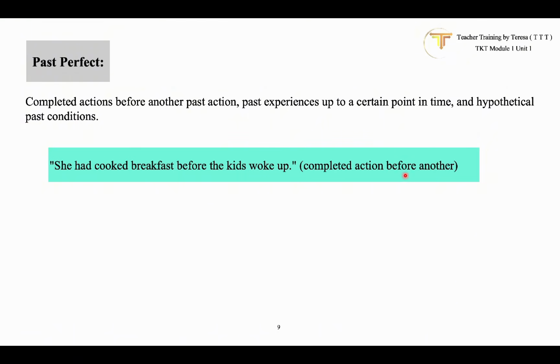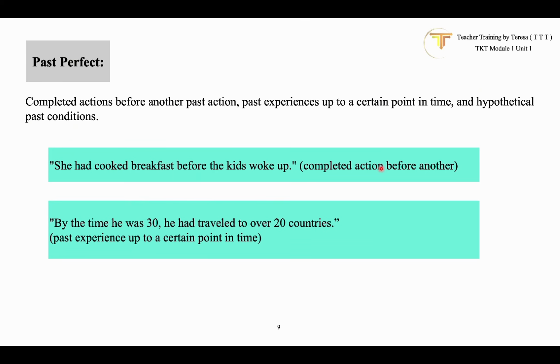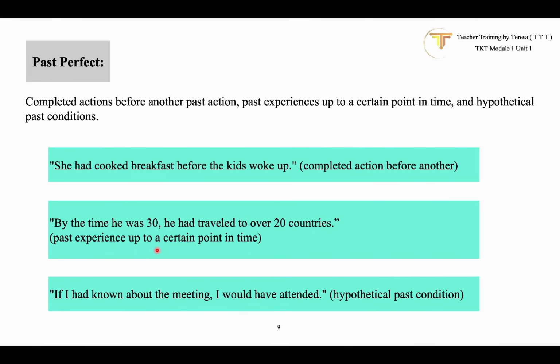Completed action before another. By the time he was 30, he had traveled to over 20 countries. Past experience up to a certain point in time. If I had known about the meeting, I would have attended. Hypothetical past condition.